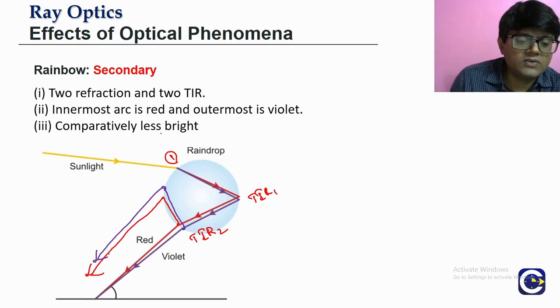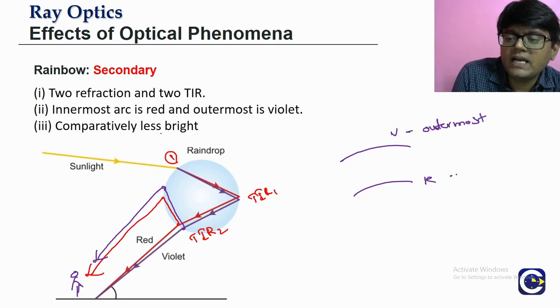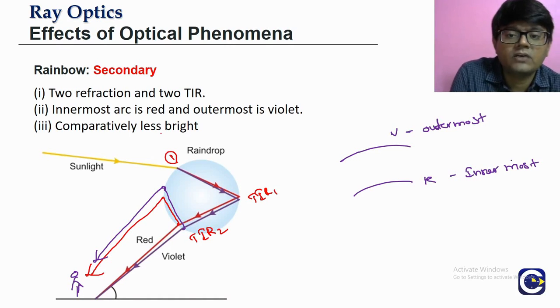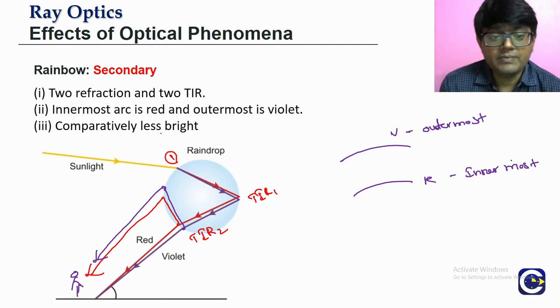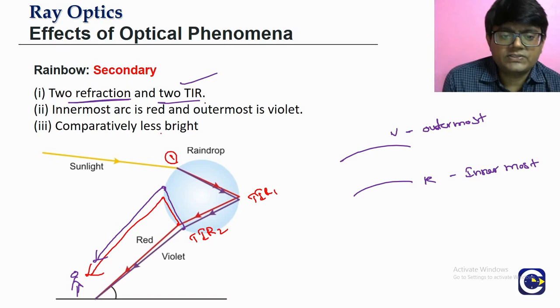So you are the observer here, and what you will observe is that the violet will be the outermost layer, and red will be the innermost. So it is just reverse to what we have seen in the case of the primary rainbow. Here, 2 refractions and 2 total internal reflections.